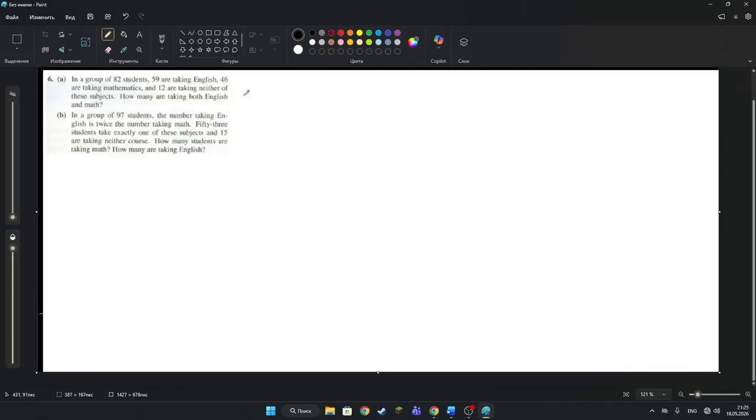So it's the next exercise, number 6. There we can see the exercise. In a group of 82 students, 59 are taking English and 46 are taking maths, and 12 are taking neither of these subjects. How many are taking both English and maths?